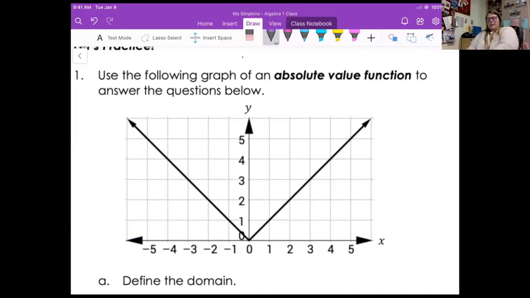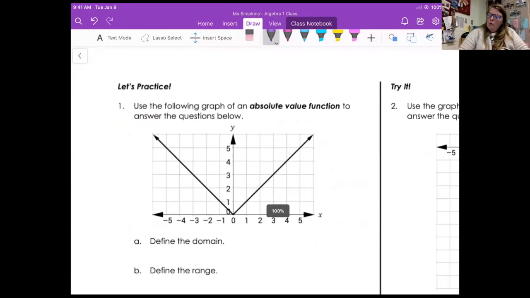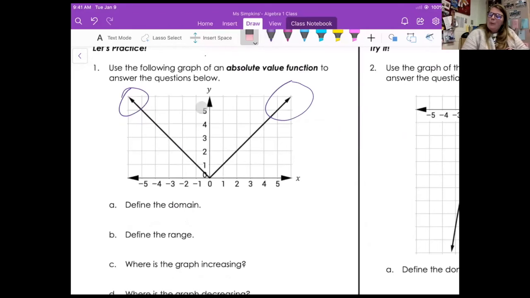Technically you can take the absolute value of zero. What do these arrows mean? It keeps going forever and ever and ever. For how long? Infinity. So when we describe the domain, domain is x's. It looks like this graph is going from -5 to +5, but it has arrows.